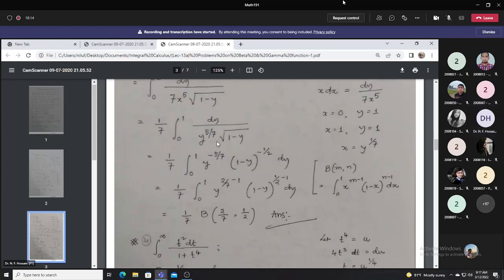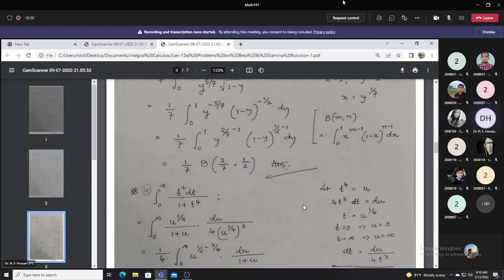Now we take all these things from the denominator to the numerator. So the power of y is minus 5 by 7 and the power of 1 minus y is minus half. So this minus half can be written as half minus 1, and this minus 5 by 7 can be written as 2 by 7 minus 1, because we have to try to get the expression for the beta function.